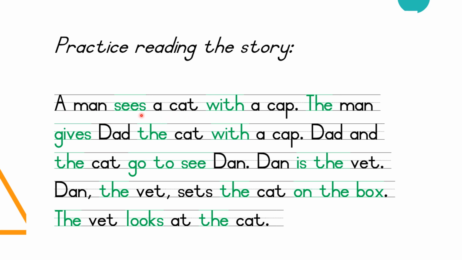A man sees a cat with a cap. The man gives Dad the cat with a cap. Dad and the cat go to see Dan. Dan is the vet. Dan, the vet, sets the cat on the box. The vet looks at the cat.